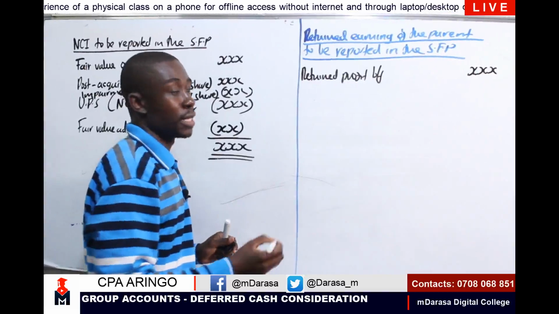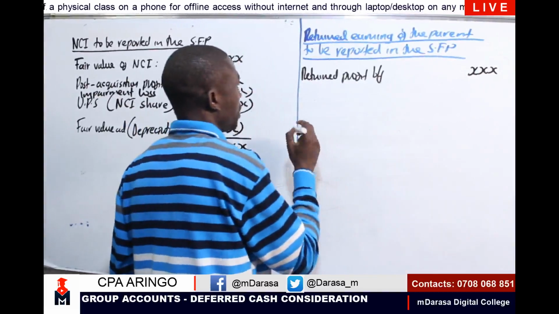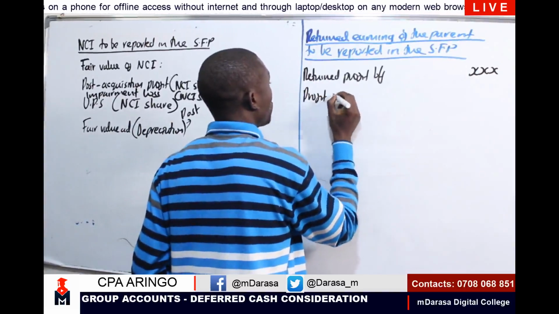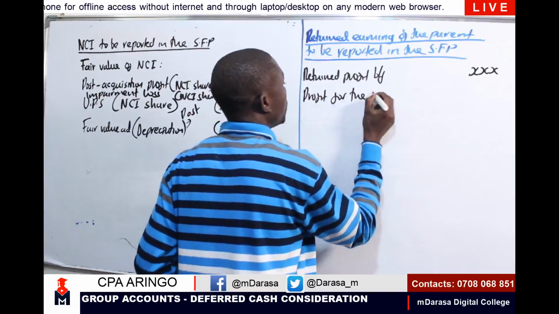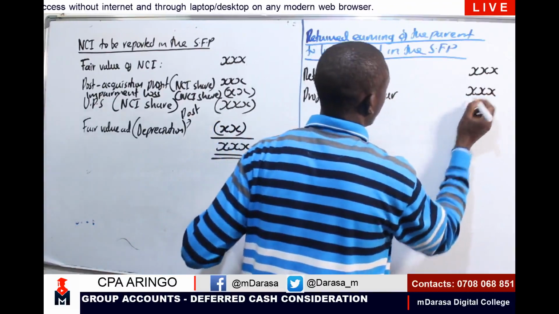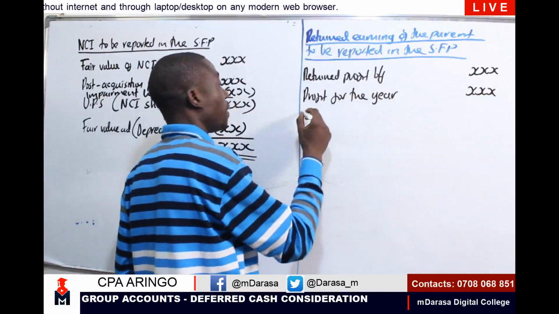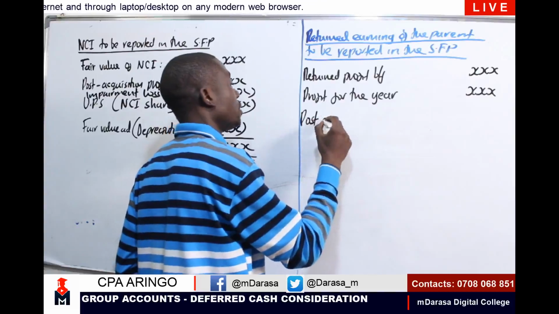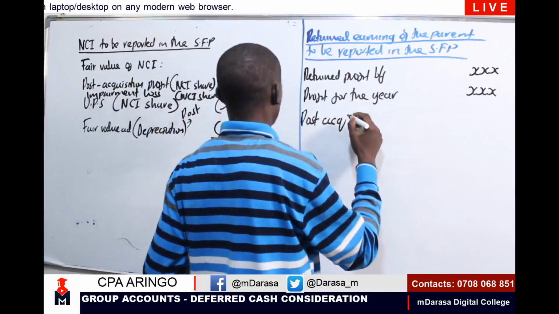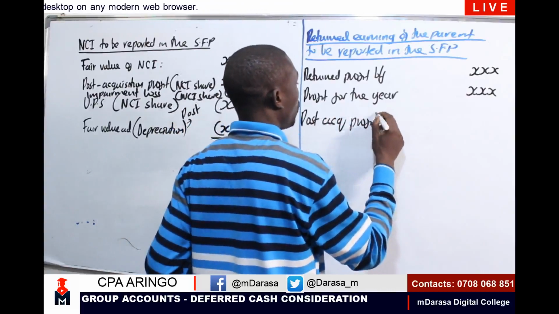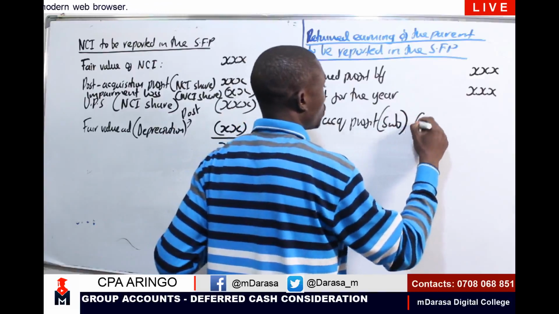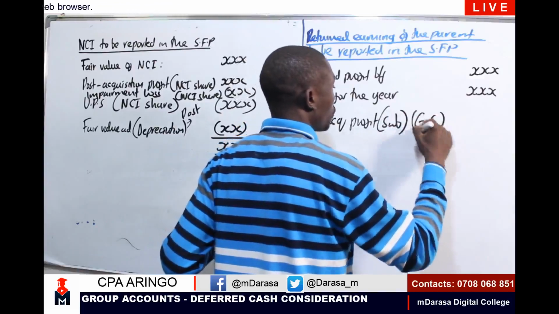I'll also be taking here another item, which in this case you are going to term as profit for the year of the parent. Then talk of post-acquisition profit, of course, of our subsidiary. But in this case, you're talking of group share.